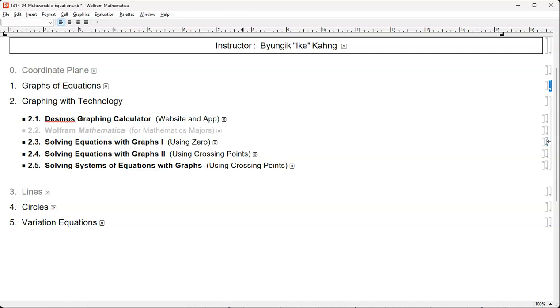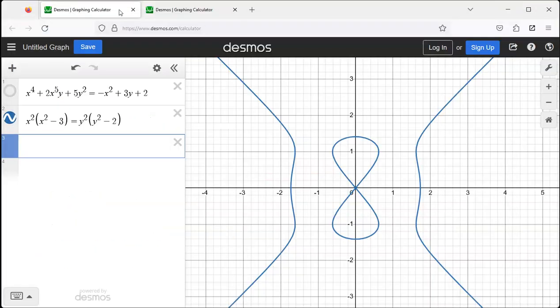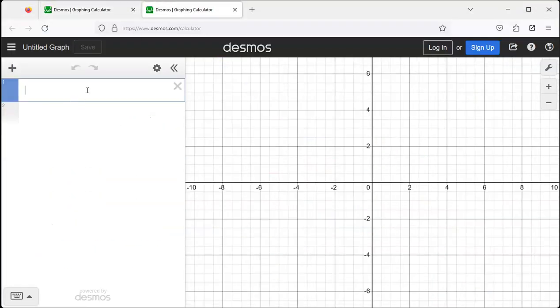Let's go to 2.3, solving equations with graphs. Okay, all right. Let's solve this equation: x cubed minus x is 2x plus 1. How do you do that? All right, let's go to the other Desmos.